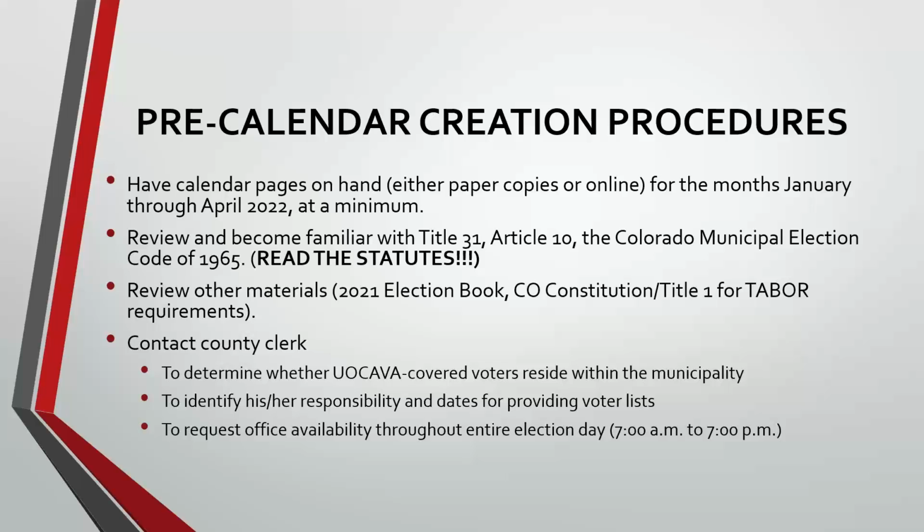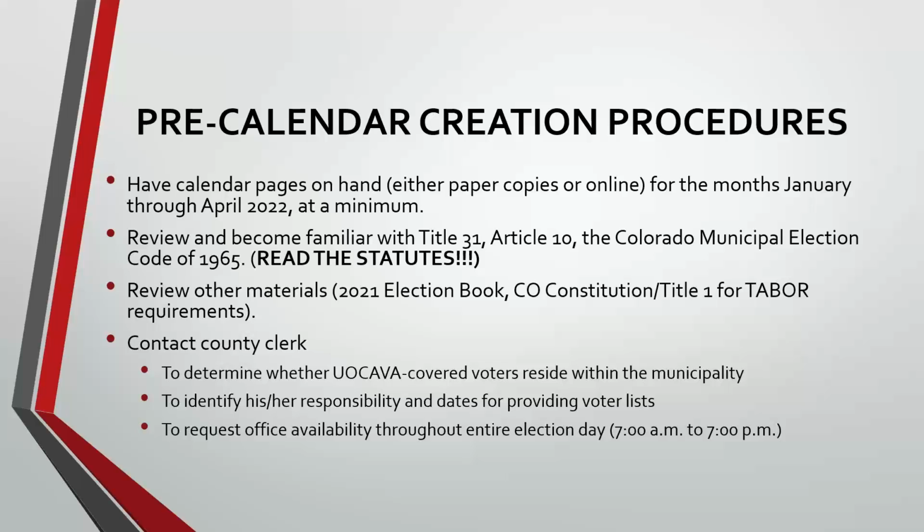And if you haven't had an election in a long time, go ahead and read it. And even if you have, go ahead and read it, because it's likely that some things have changed since the last time you read it. So you want to go ahead and read that. And there are other materials that you want to read. There is the election book, which I just mentioned.